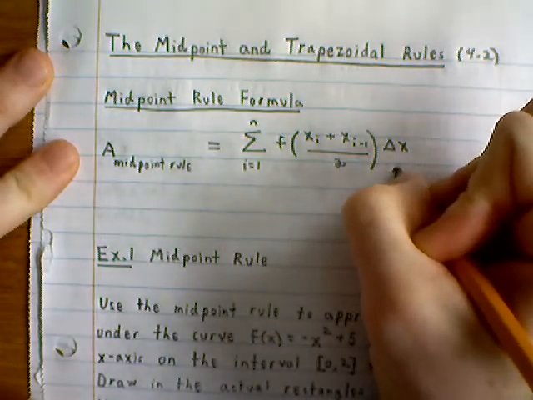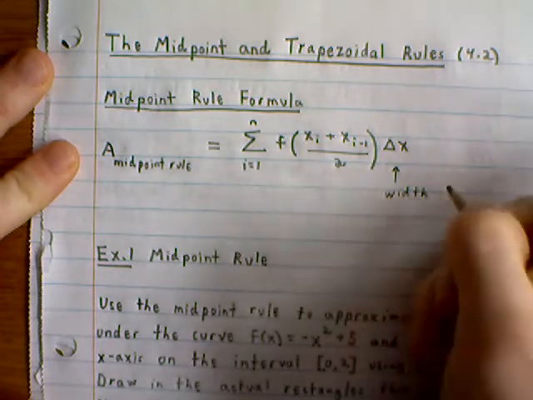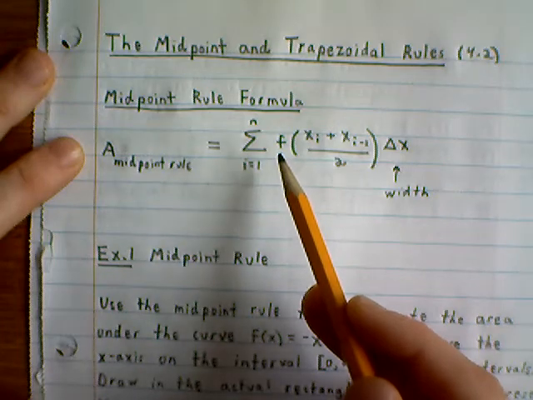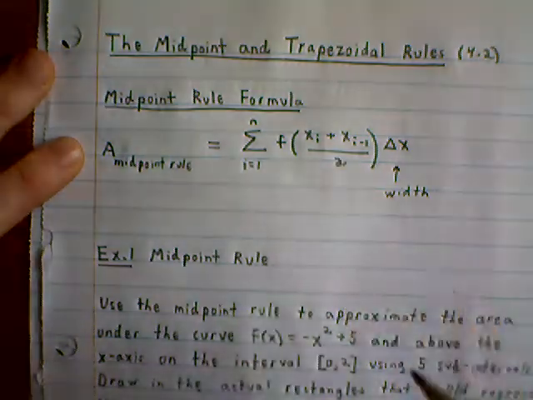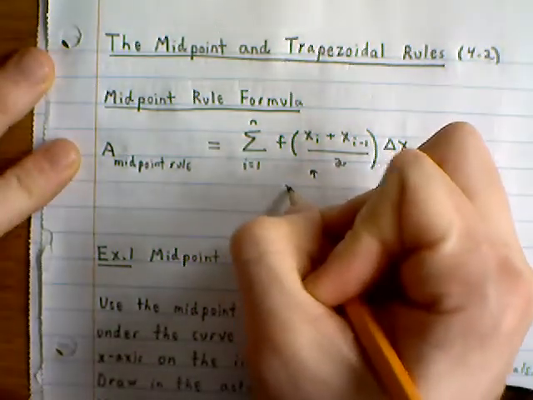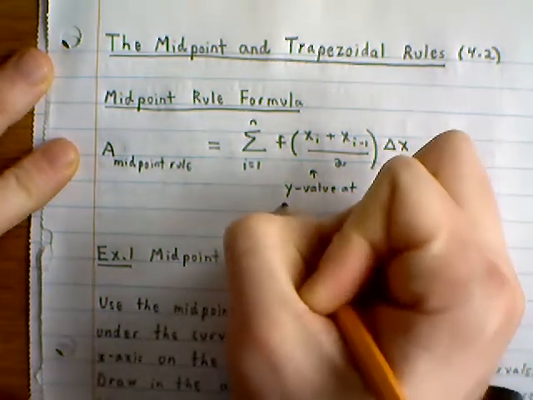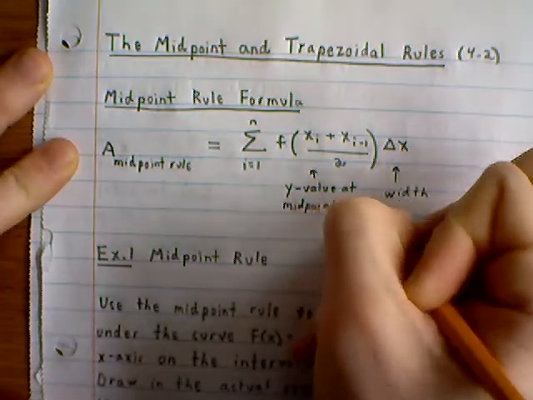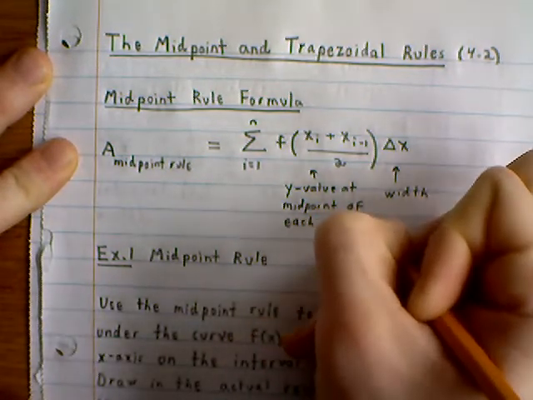So delta x is still the width of each rectangle, just like before. f is still the y, f of this quantity is still the y values, but this is going to be the y value at the midpoint of each subinterval.